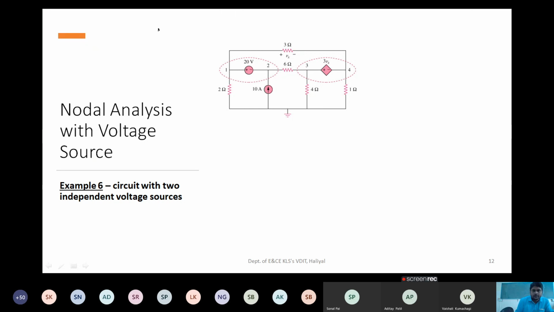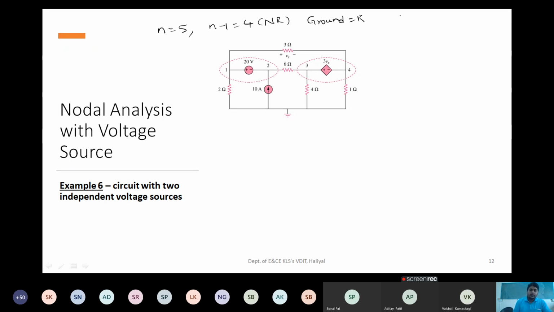N is equal to 5. Out of that, N minus 1 will be 4, which are the non-reference nodes, and one reference node, that is the ground. So ground is the reference node, right?